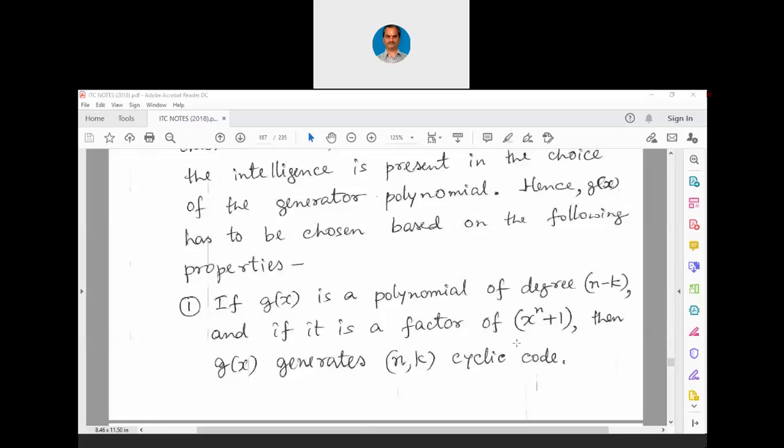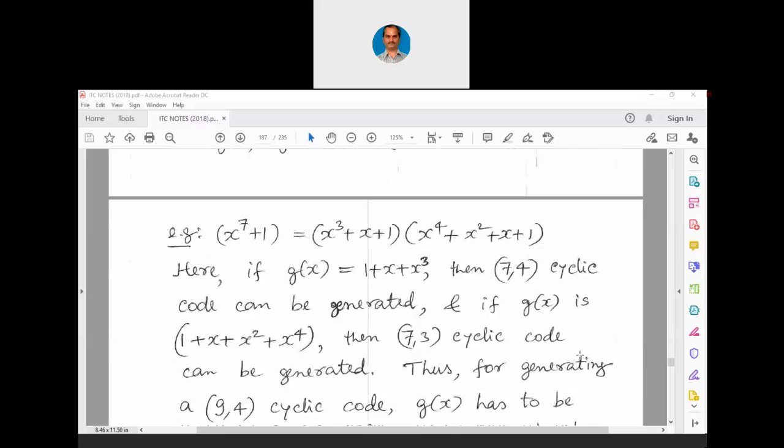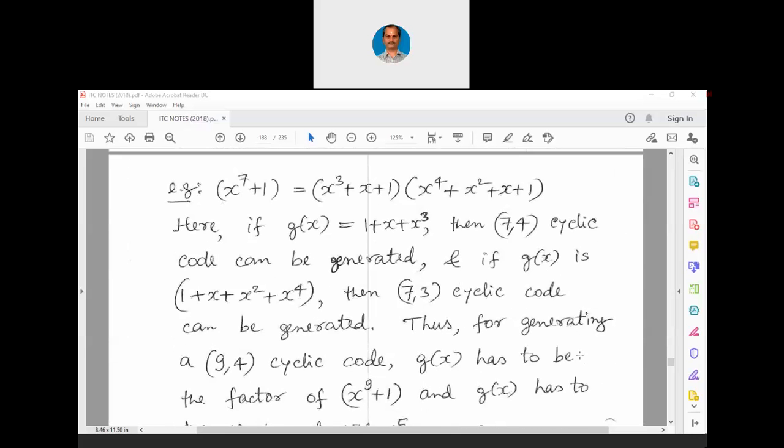It has to be a factor of x power n plus 1. Then g of x generates an n comma k cyclic code. This is the first property. Please remember this property because this is going to be important later on when we discuss the other properties. So g of x has to be a factor of x power n plus 1, first property. Let us see an example.